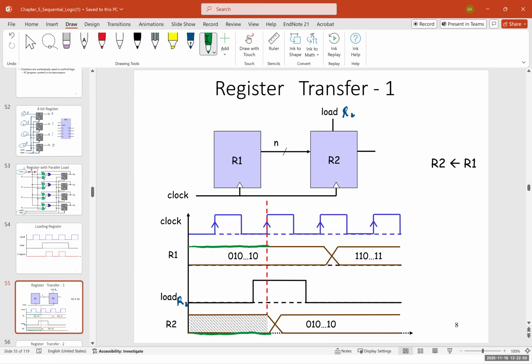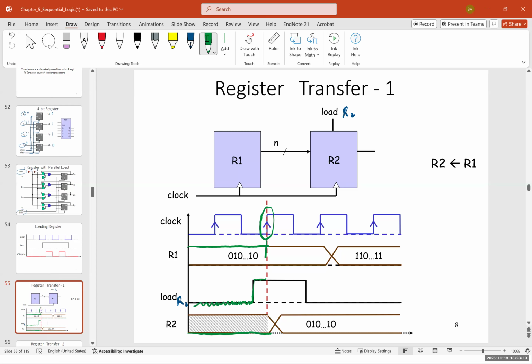And R2 will not change as long as load is 0. But at this point, load becomes 1. It means that R2 is now able to load data. But the problem is we don't have any clock because this is a rising edge clock system. It's a flip-flop, so we are not able to change its output unless we have the next clock coming in.